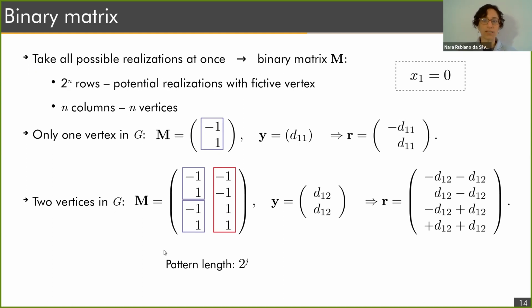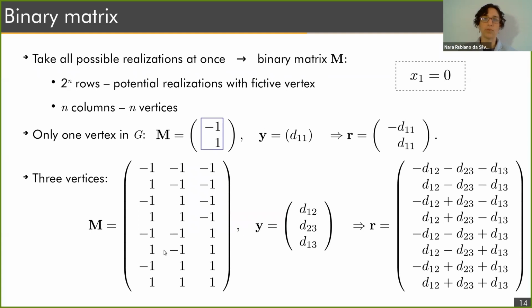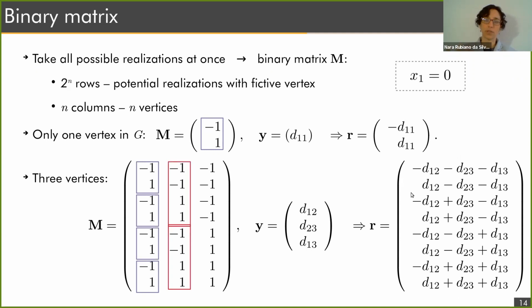If we keep doing that, increasing the size of the problem for 3 vertices and 4 vertices and so on, we see that we can still build a binary matrix the way I told you, and the realizations vector will have all possible realizations, and the binary matrix will still have these patterns appearing, and the size of the pattern will be connected with the position of the column in the binary matrix.